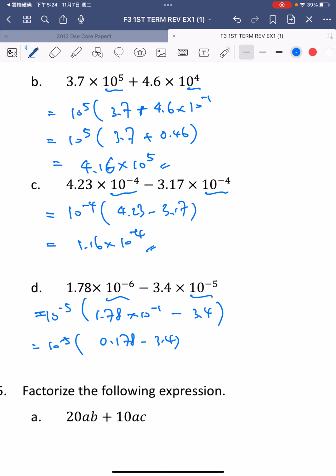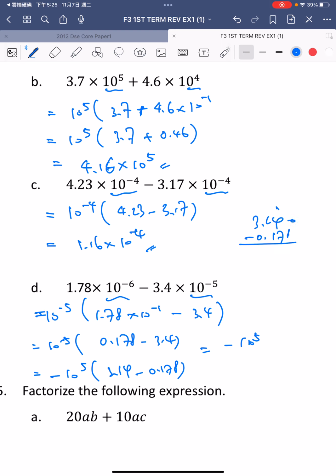So I think this is better to switch them, so it becomes negative 10 to the power of 5 times 3.14 minus 0.178. So the answer should be equal to minus 10 to the power of 5 times 3.14 minus 0.178. So 3.14 minus 0.178.